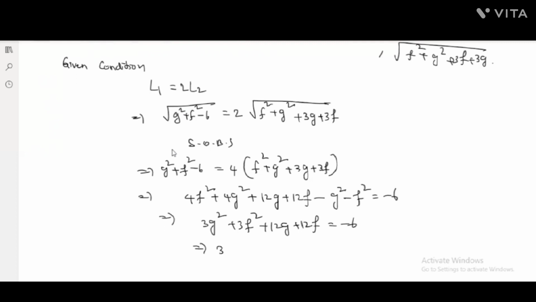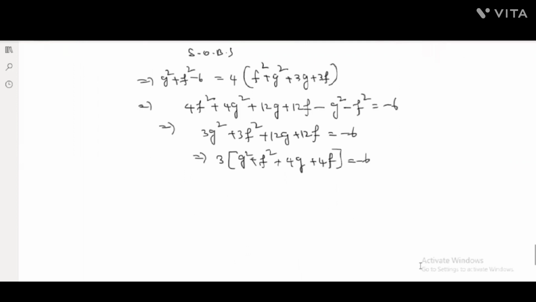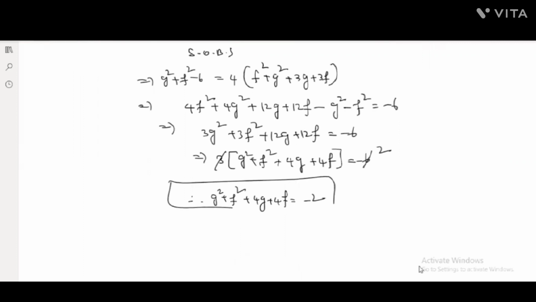Take 3 common, and you'll get g square plus f square plus 4g plus 4f is equal to minus 2. So this is the answer for this question. I hope this question is also clear.